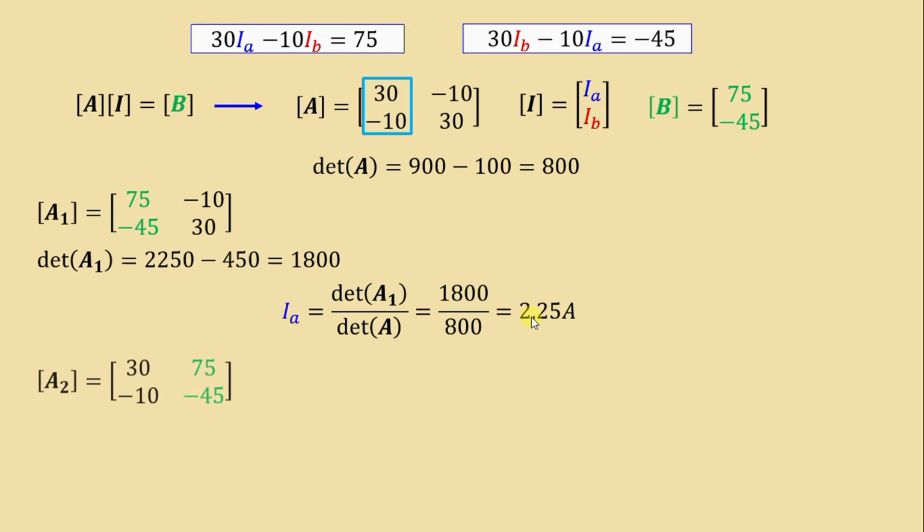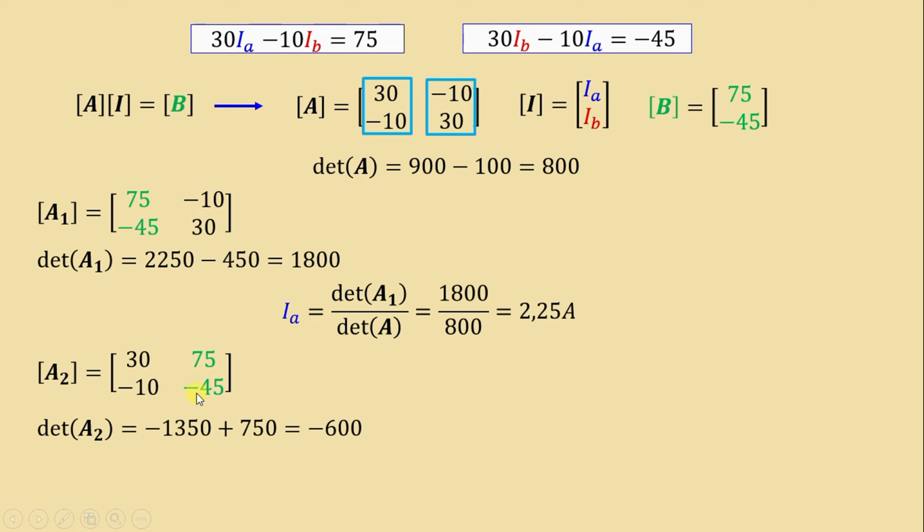Now we are going to define matrix A2. We obtain A2 by replacing the second column of A by vector B. We have matrix A2: 30, 75, negative 10, negative 45.